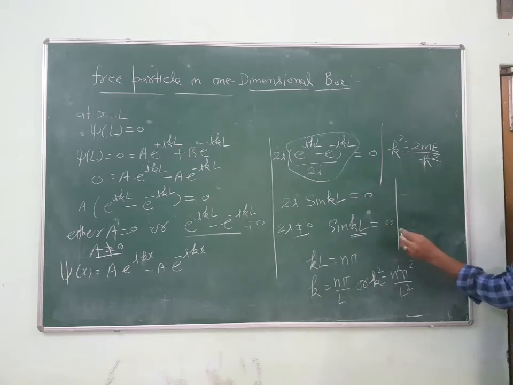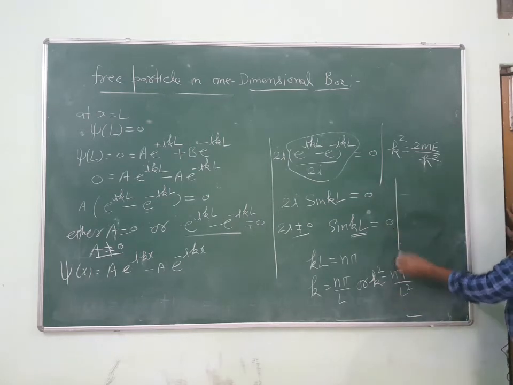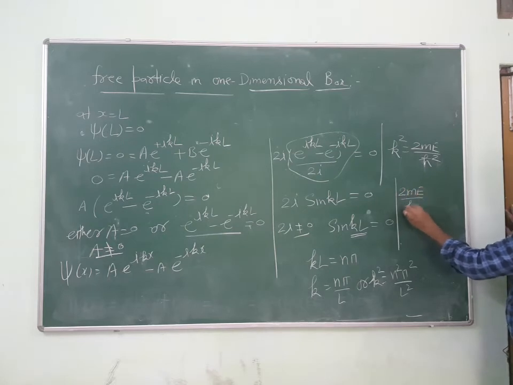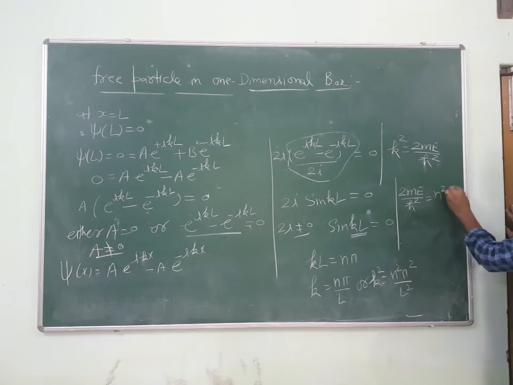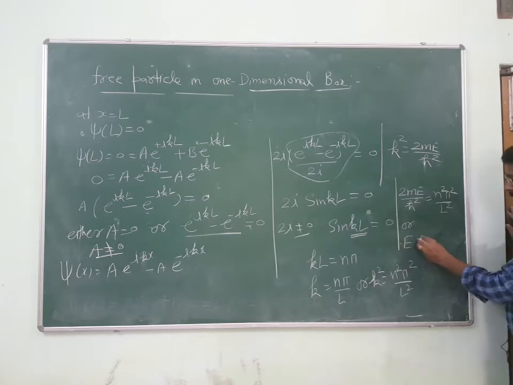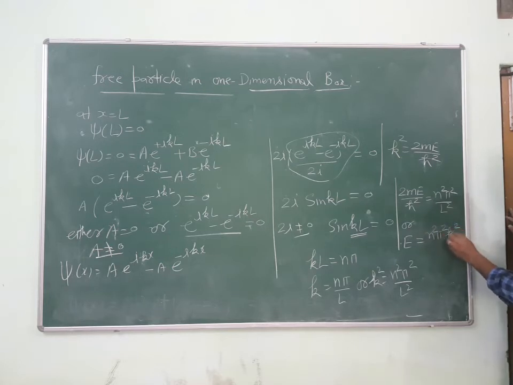What we get is 2mE by h cross square is equal to n square pi square by L square, or we can calculate the energy eigenvalues E, which is n square pi square h cross square over 2mL square.